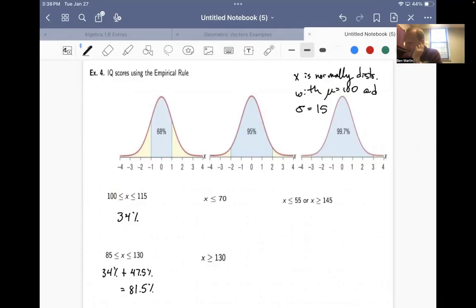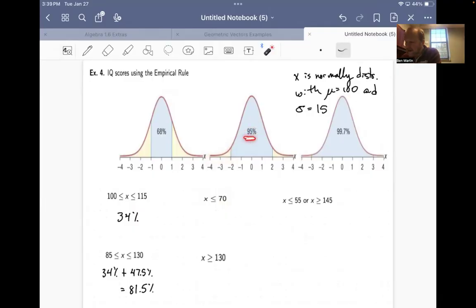Here we ask, what percent of the population is below 70? Remember that 70 would be 2 standard deviations below, so it would start here. This would be what is in this half of the stuff that's not in the middle.